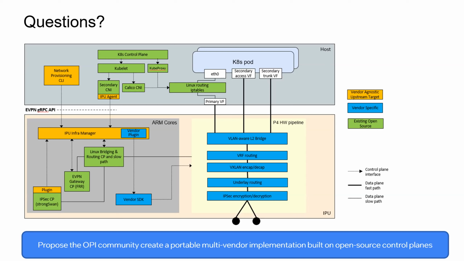How does the cluster sitting on the host integrate with a control plane sitting on the IPU? Right. Are the two nodes part of the same cluster, or is it some external one? Those kinds of questions we haven't looked at yet. Yeah, those are the questions that we're wrestling back and forth with in the API group. We're looking at it from being local, being remote, and where you need to put different shims and things like that.